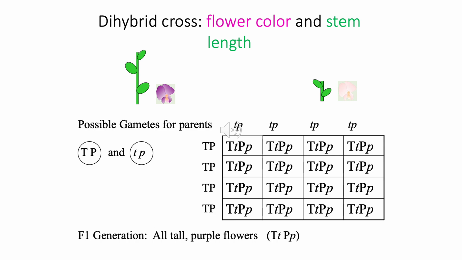So you can predict the F1 generation will produce all tall and purple flowers, heterozygous for both genes.